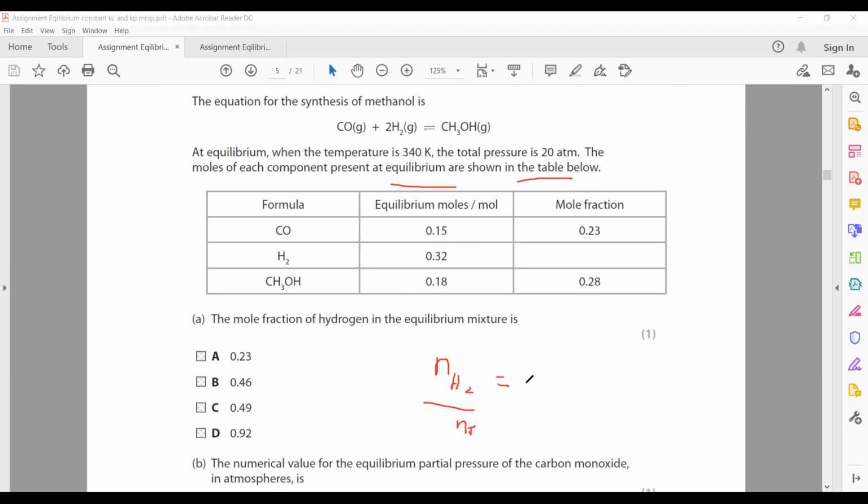So the number of moles of hydrogen is 0.32. What is the total number of moles? It's 0.15 plus 0.32 plus 0.18. So 0.49, or C, will be the answer.